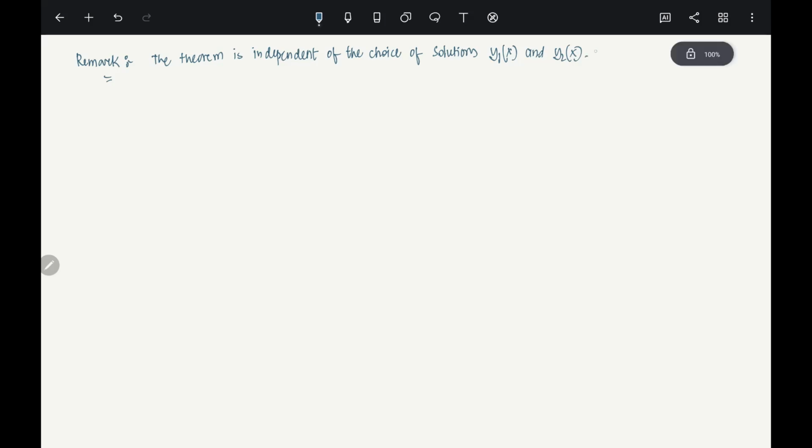So for convenience, we will assume that you do realize y1 and y2 are any two linearly independent solutions, so they have to pass through some data, right? Some initial data.